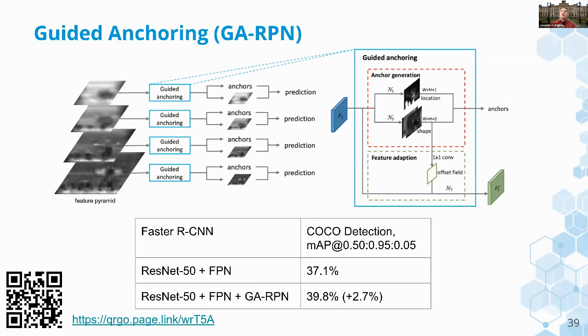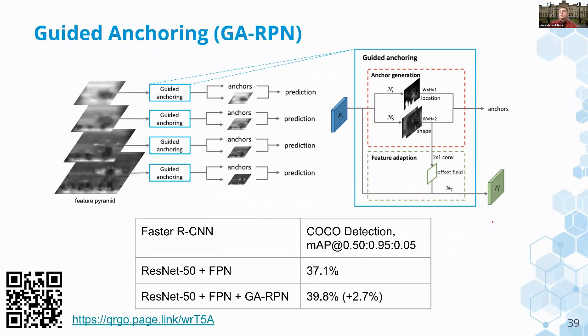The feature distribution in this feature map is misaligned with these anchors because we are dynamically generating these anchors at runtime. So we need to do something to align the distribution of anchors and the distribution of the underlying features.